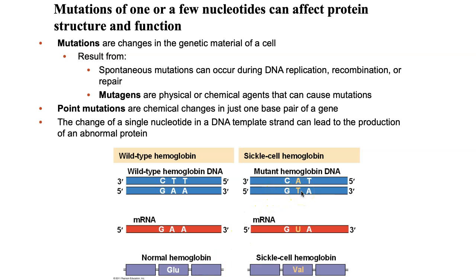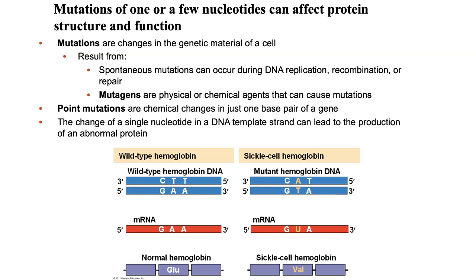Here is our point mutation with one base pair of the gene different than what it should be. Instead of a T and an A, we have an A and a T. So this, again, the top is the template strand. We create from this GUA instead of GAA, and GUA codes for the amino acid valine. So this sickle cell hemoglobin is mutated.